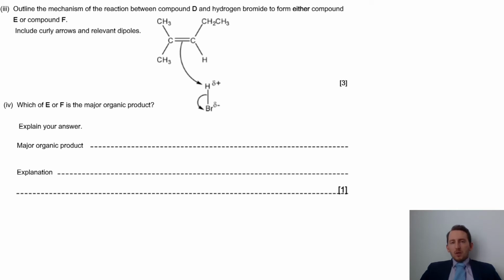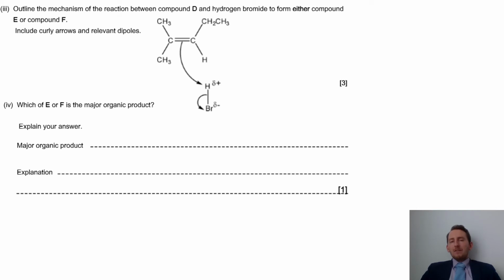The first thing that we need in electrophilic addition of alkenes is our HBr molecule. We need to show the dipoles within that: bromine is delta negative, hydrogen is delta positive. The electron-rich center is that carbon-carbon double bond. So make sure the arrow starts at your double bond and clearly points to the hydrogen.